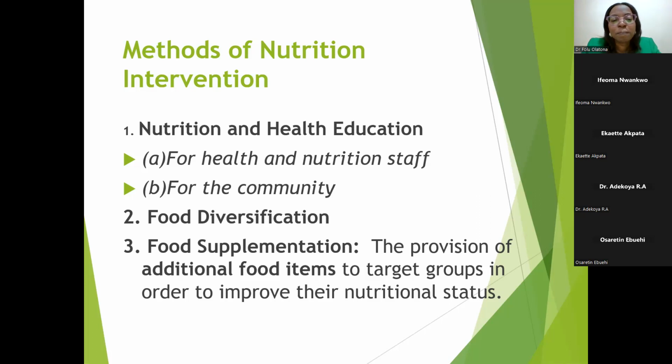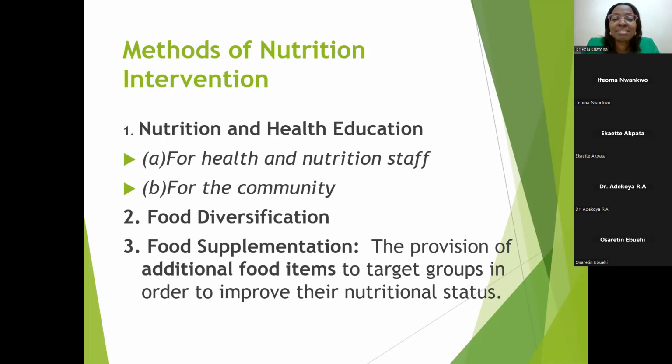The other thing that is a method of nutrition intervention is food diversification. If you allow people, they will eat only rice, yam, gari, what else? Many people will not even remember to eat fruits. Many people don't like beans.